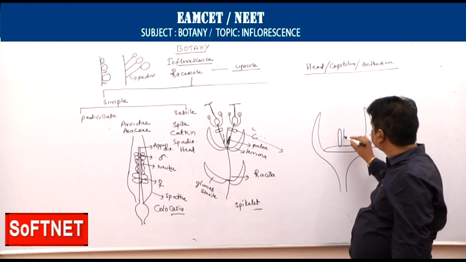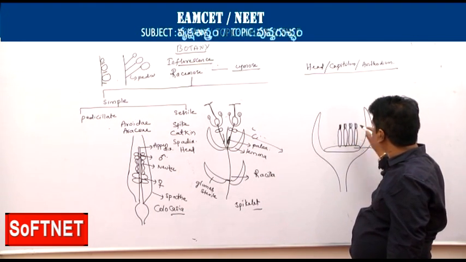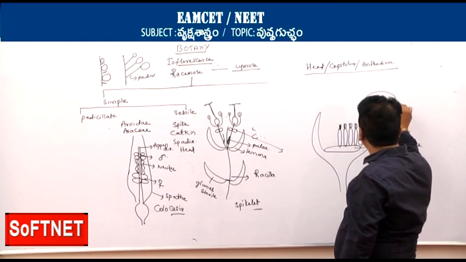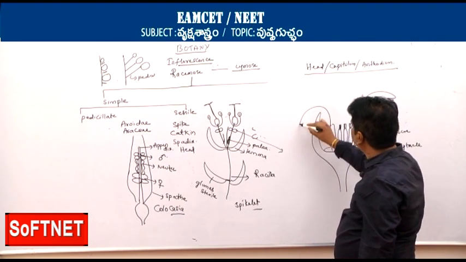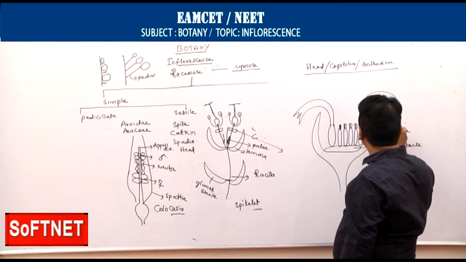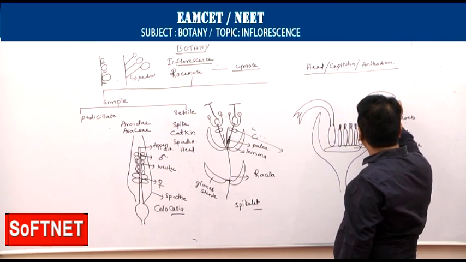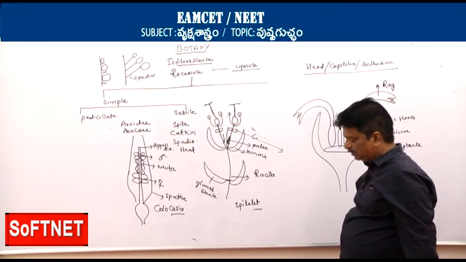And in head inflorescence, flowers are reduced. These reduced flowers are called florets. Generally, there are 2 types of florets. Among the 2 types, center disc florets, corner ray florets.